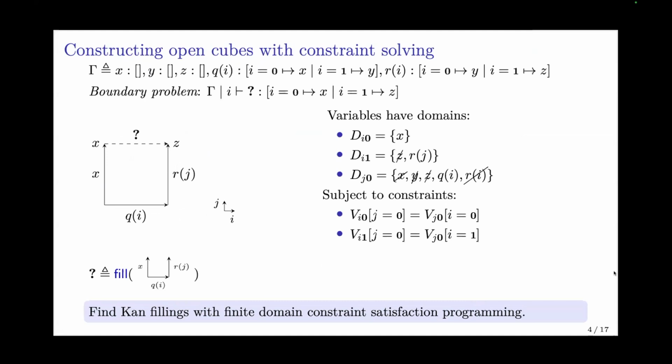Yeah, on the left-hand side you have a constant X. Couldn't you have put Q on the left-hand side and R on the bottom and constant Z on the right? That is, it seems like your domain for your variables should include the other possible ways of composing Q and R. So Q goes, maybe it's not entirely clear from the diagram, but we only go from bottom to top.